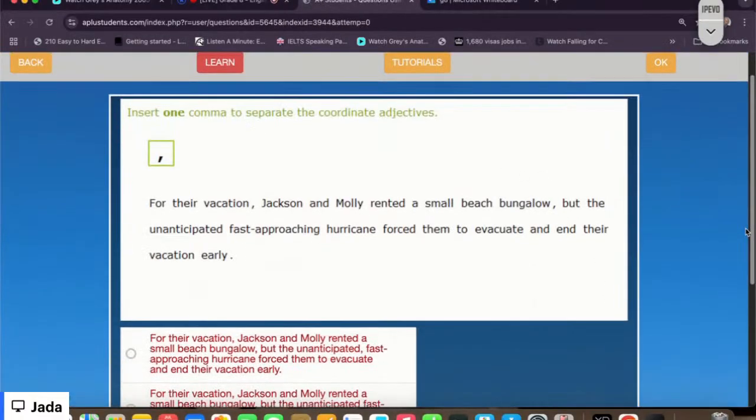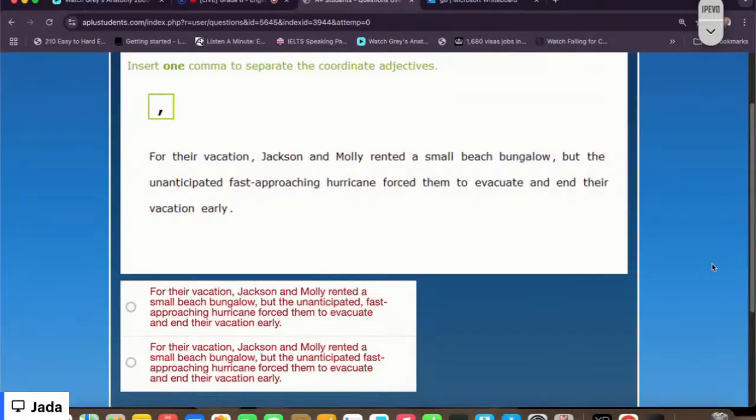For their vacation, Jackson and Molly rented a small beach bungalow, but the unanticipated fast approaching hurricane forced them to evacuate and end their vacation early. Is it first or second?